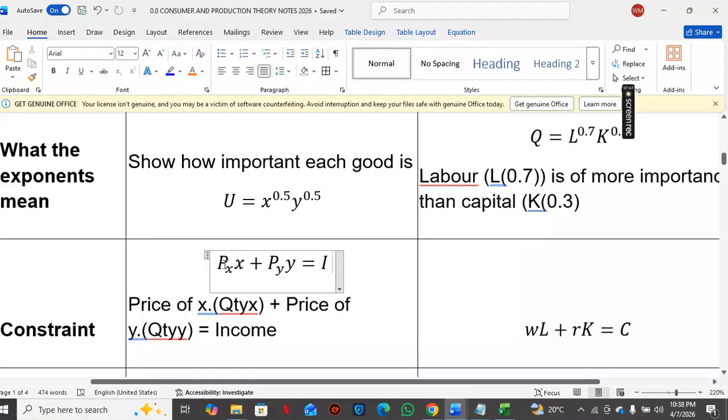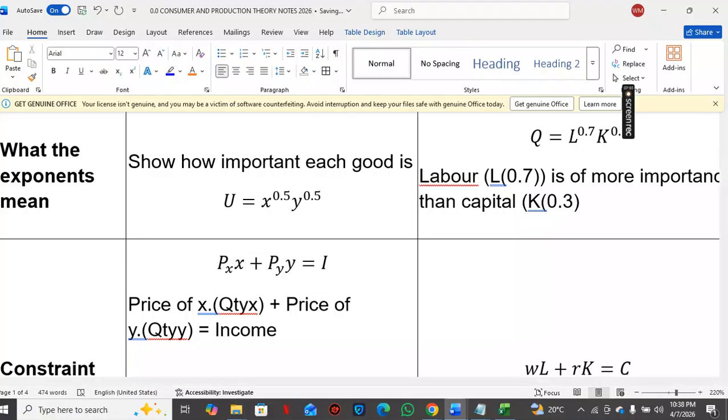Let's say good X is 50 kwacha, so you say 50x plus the price of the other good, maybe 20 kwacha. You put it like this.